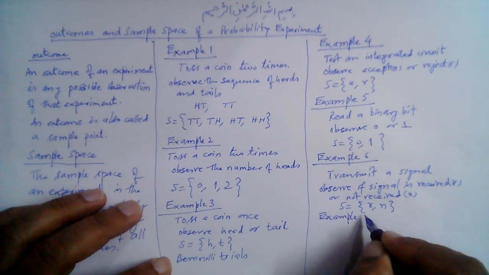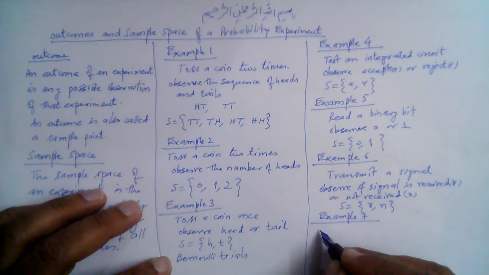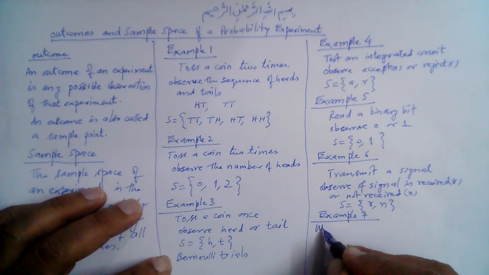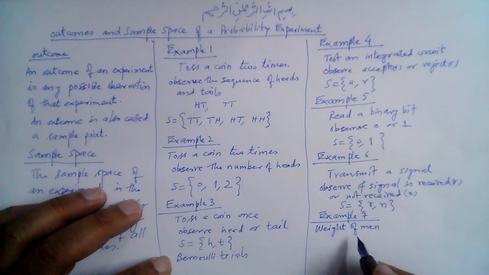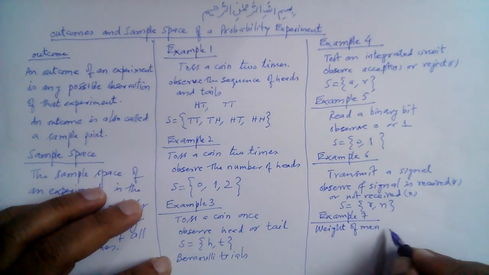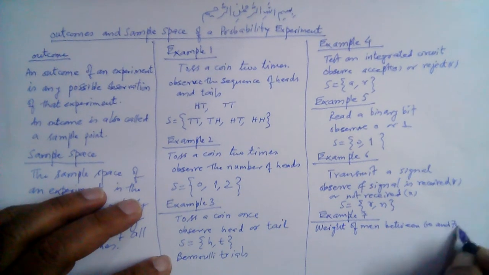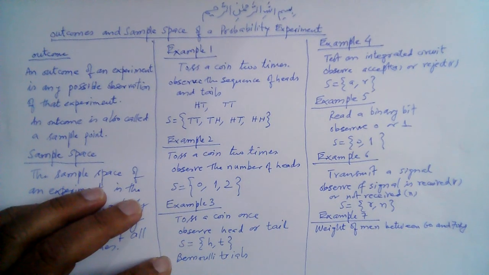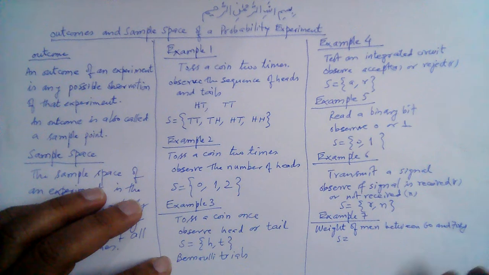So for example, another example: the weight of men recruited in the army between 60 and 70 kg, right? So this could be 60, and between 60 and 70 kg it can be 60.1, it can be 66.7, or any continuous number between 60 and 70 kg.